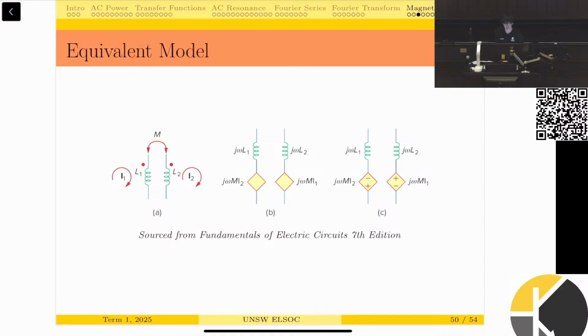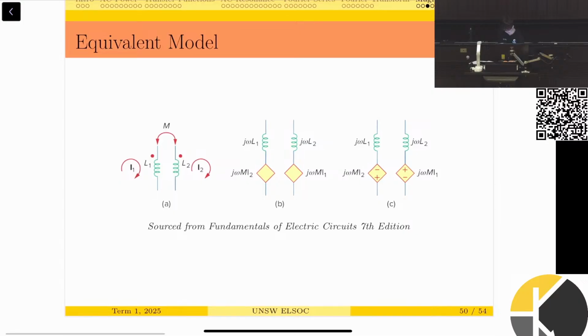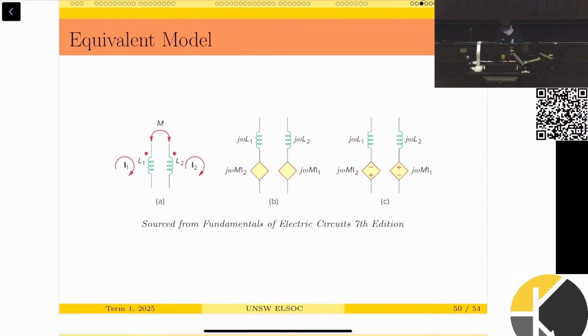For when circuits get a bit more complicated, I like to apply the equivalent model. So again, just quickly, to find the polarity of the mutual inductance, we'll follow the current through; it hits the dotted terminal, so this dotted terminal will be positive, negative. Current I2 flows into this negative terminal, so this one will be negative, positive. If I don't want to worry about dot convention while I'm doing my KVL equations, I can convert this into dependent voltage sources.